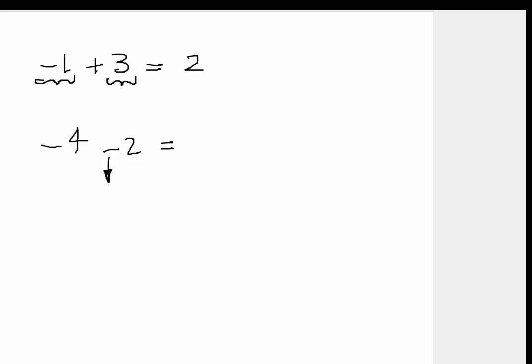So -4, this is like if you change that subtraction to addition and keep the first number as -4, and now you have to change the second number to its opposite number. Same concept again. Opposite of 2 is -2. So you have -4 plus -2. So that would be equal to -6.